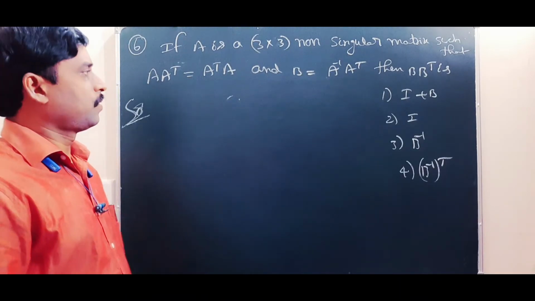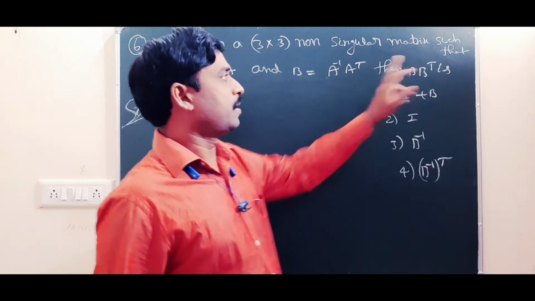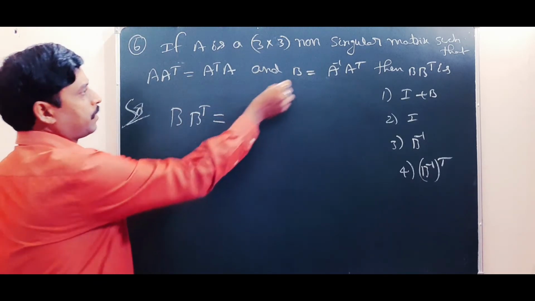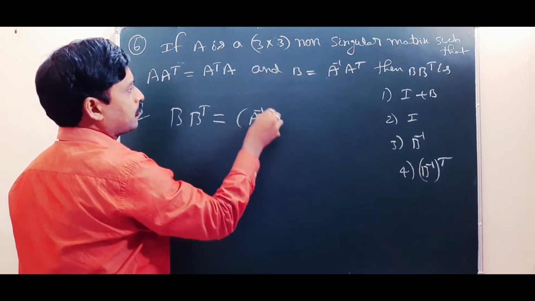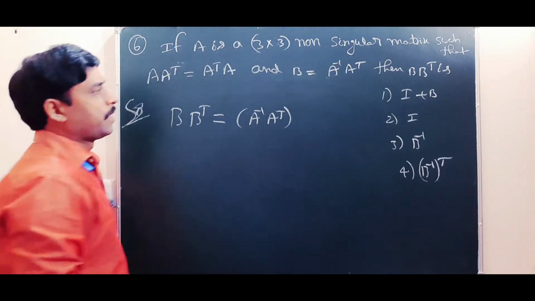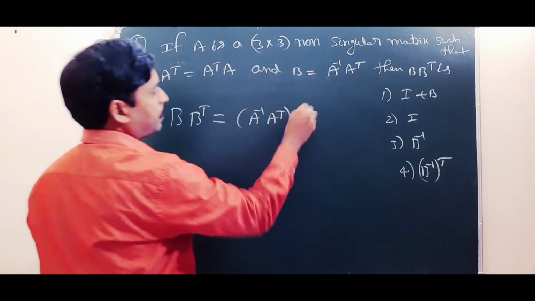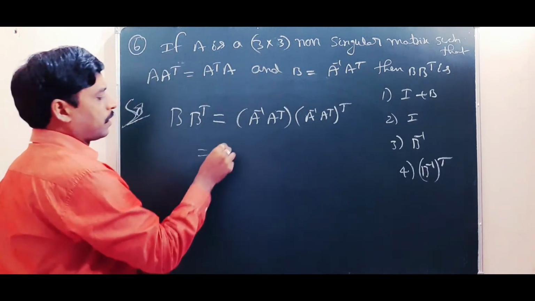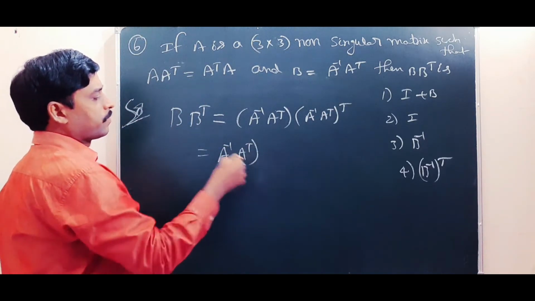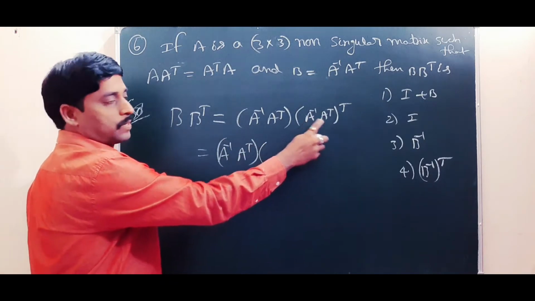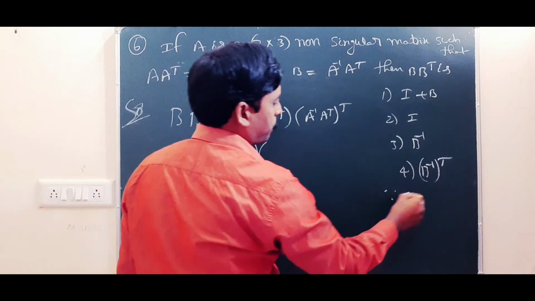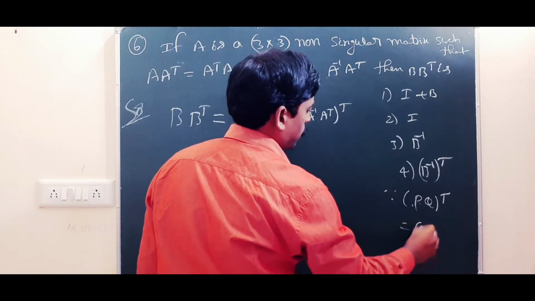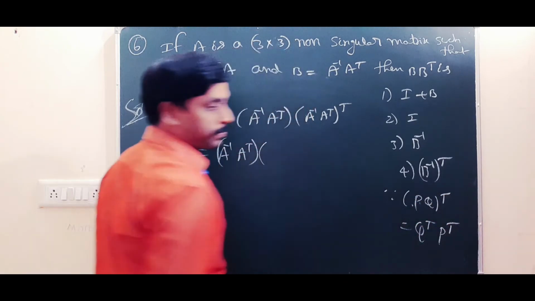Okay, now the solution. What is our target? B into B transpose. B into transpose of B is equal to, what is B given? B is given as (A inverse into A transpose) whole transpose. So A inverse into transpose of A. We have one formula, (PQ) whole transpose equal to Q transpose into P transpose.